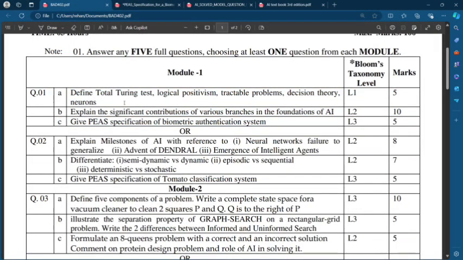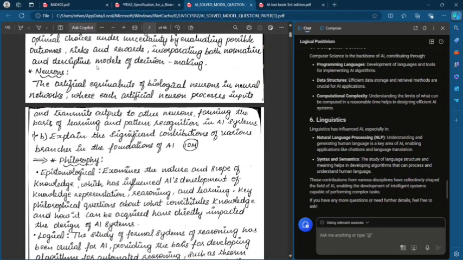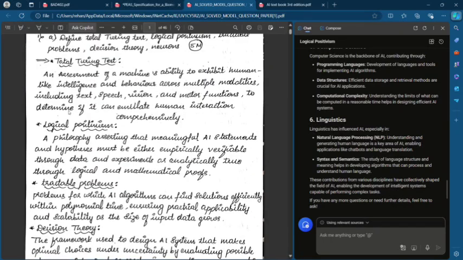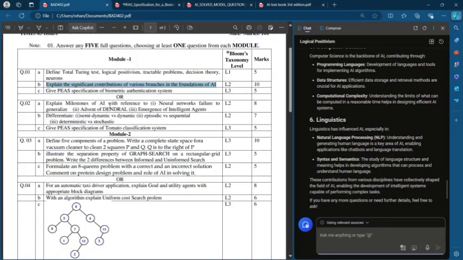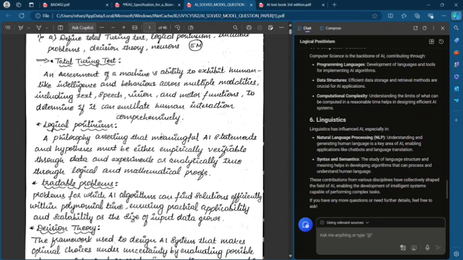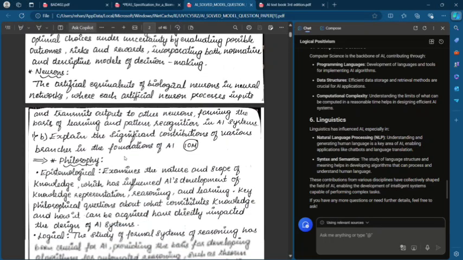Okay, let us move to the second question. See, what is the foundation of AI? They have asked to explain the significant contributions of various branches to the foundation of AI. In this they have explained only a few things, not all.